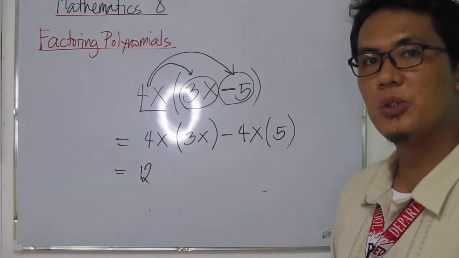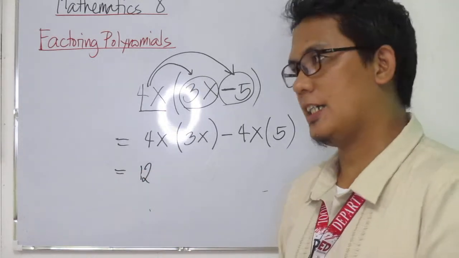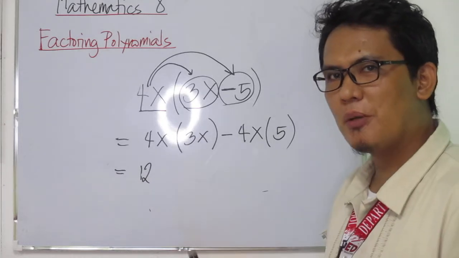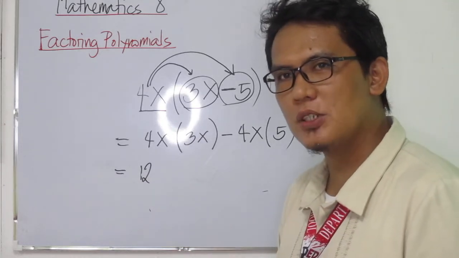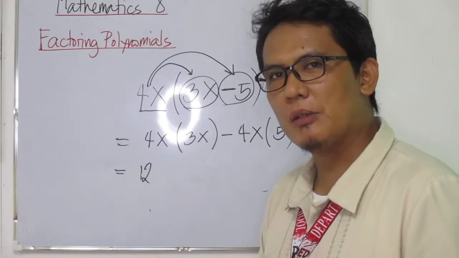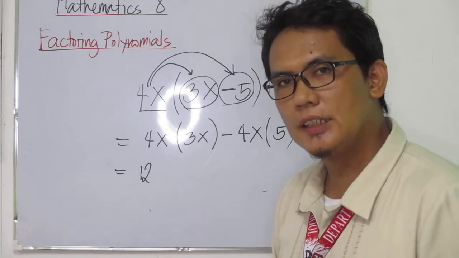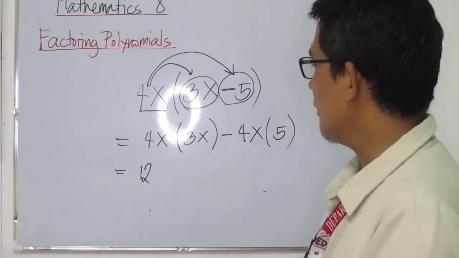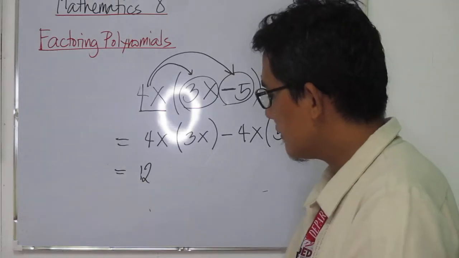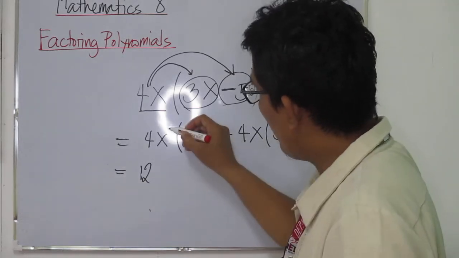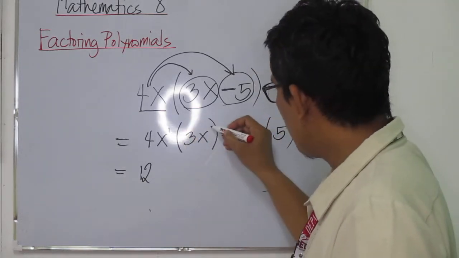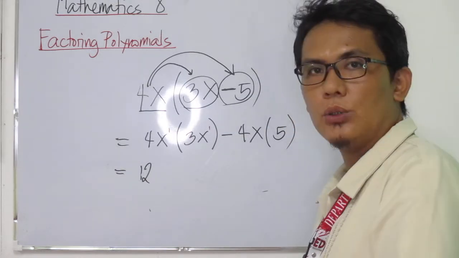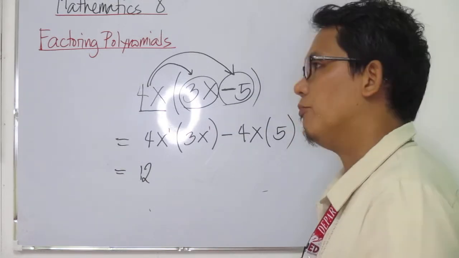And when we multiply variables, did you remember, what is that thing that we're going to remember? We are going to add the exponents. Very good. Our x here has an exponent of 1, and our x here has an exponent of 1. So we're going to add the exponents of both x's.